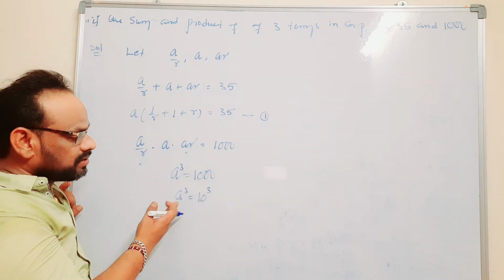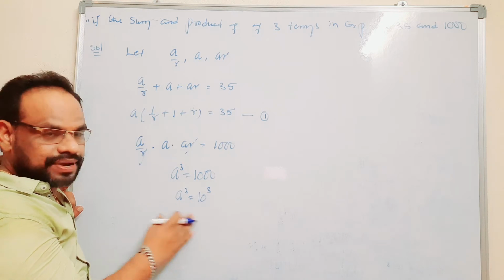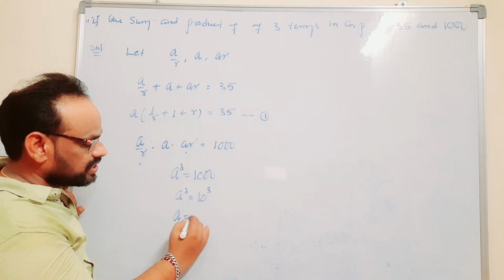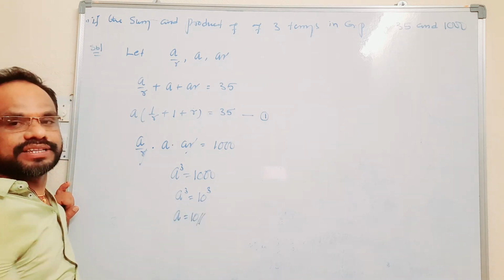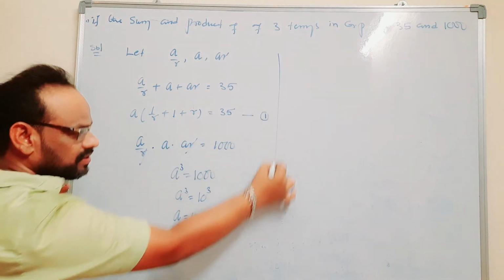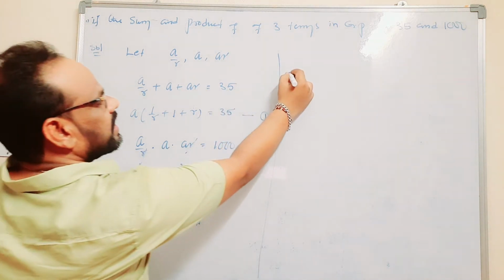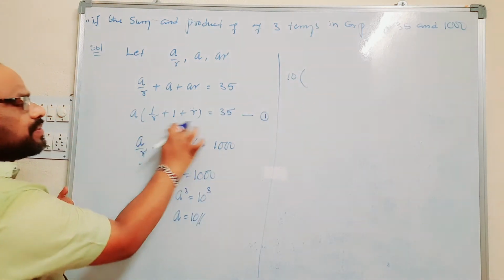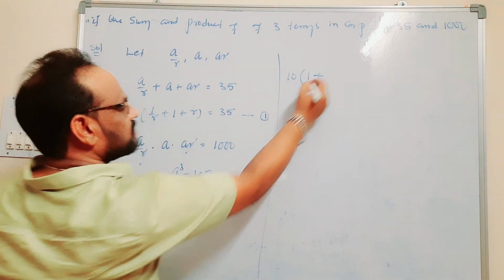Powers are equal, so bases are also equal. So A is equal to 10.